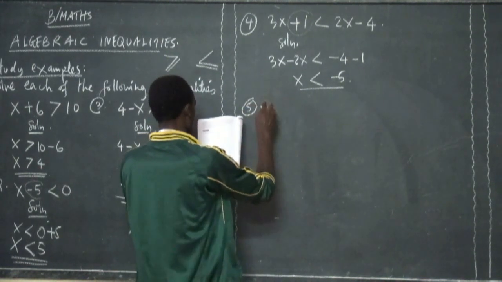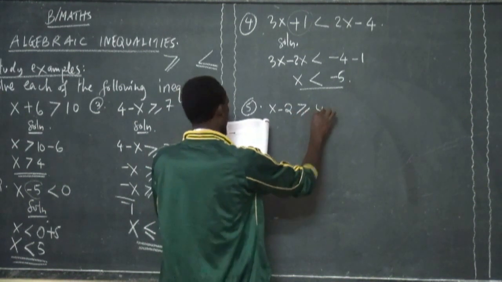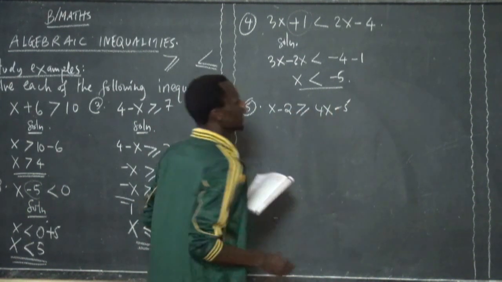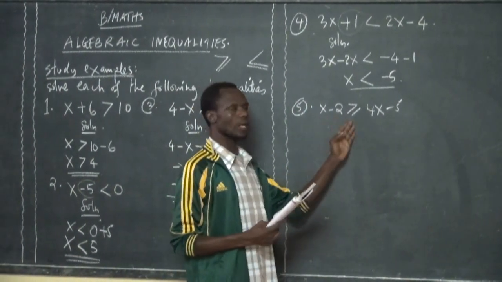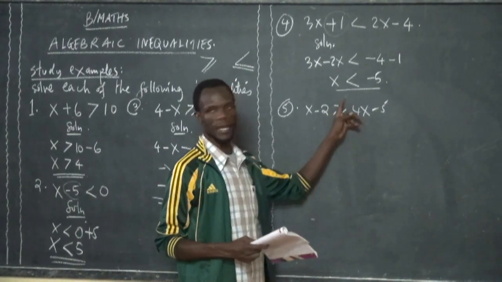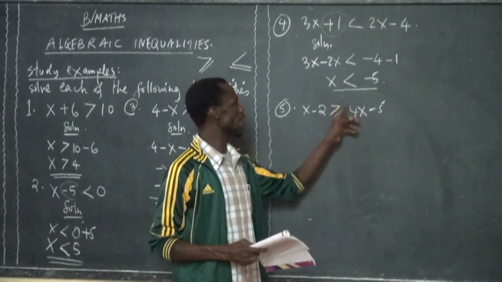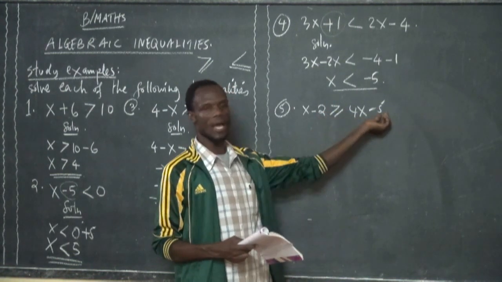Number 5 here. We have x minus 2 less or equal to 4x minus 5. It is simple. Something that you have to do here is collect the like terms, treating this as an equal sign, which means this 4x is taken to the other side and this negative 2 is taken to the other side.